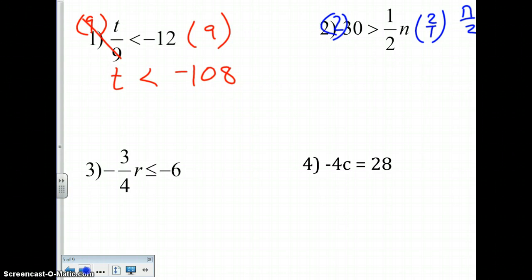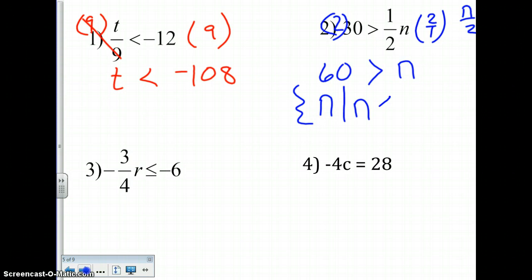So 2 times 30 is 60. In this case, I'm dealing with positive numbers, so my inequality can remain. 1/2 times 2 is 1, so in this case we get 60 is greater than n. I don't want to forget set builder notation. We could say n such that n is less than 60.